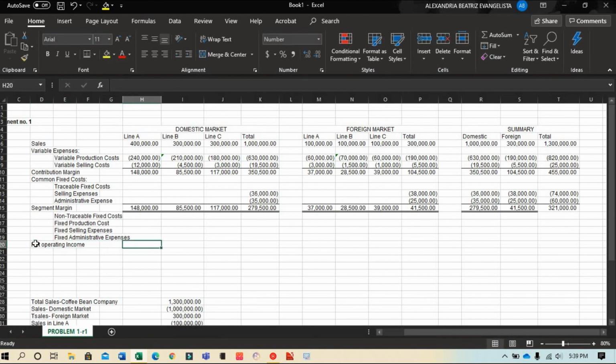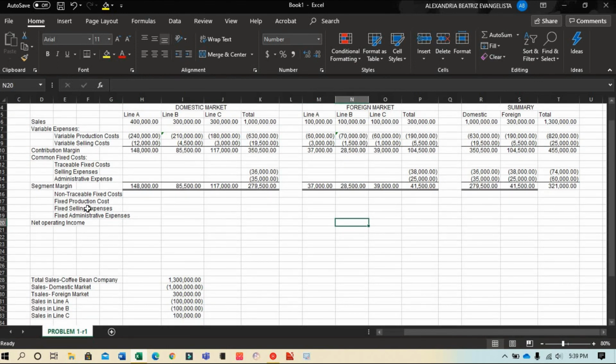Okay, so if you're going to ask me where did I get the fixed production cost, or why is there an account title which is fixed production cost even though it's not given in the problem, so let me explain that to you.